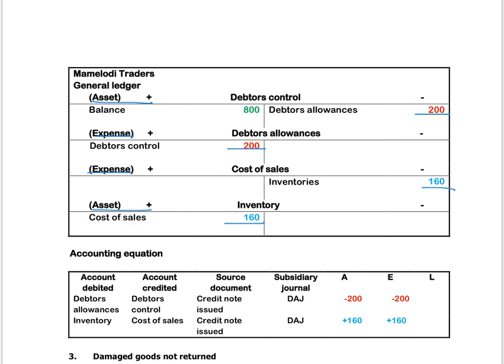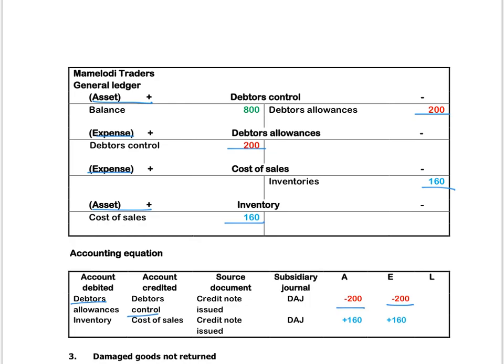with 160 Rand. The debtors allowances account is debited so that the profits can decrease with 200, so equity will decrease. Debtors control is credited to decrease your assets with 200.